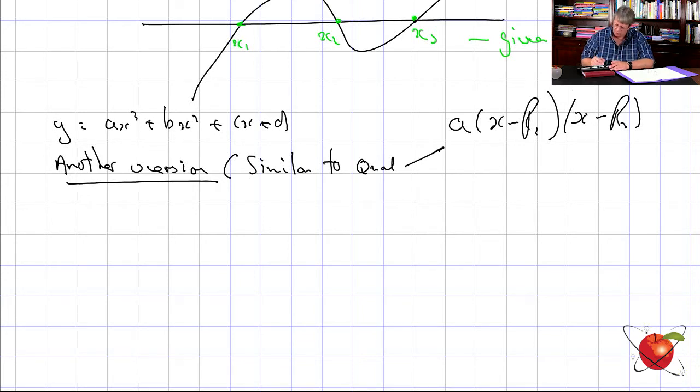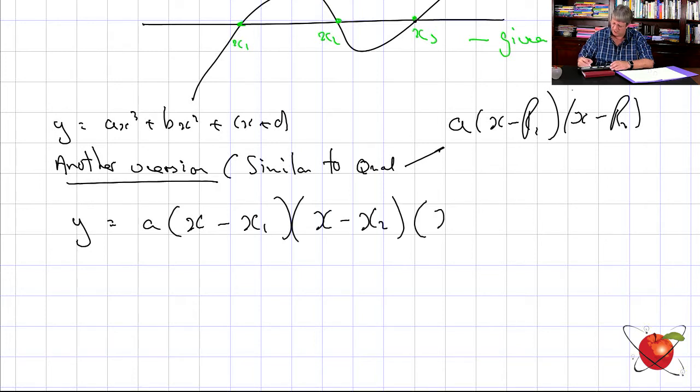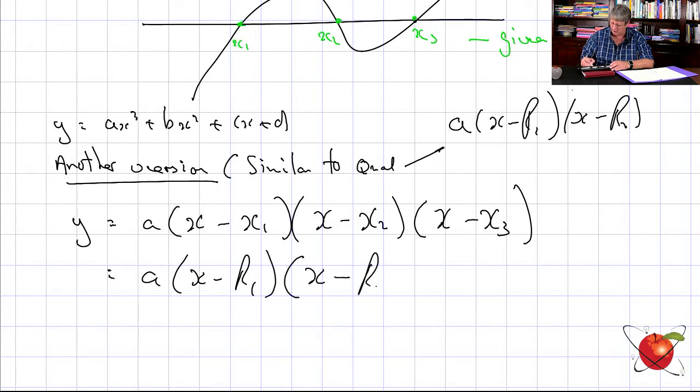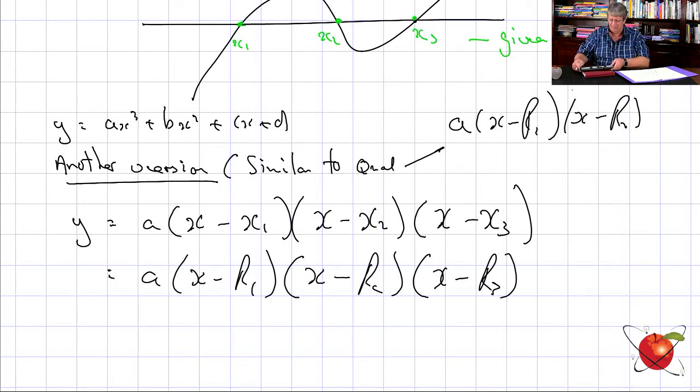We say that y or f of x is a times x minus x1, x minus x2, x minus x3, or if you prefer, a times x minus root 1, x minus root 2, x minus root 3. We can do that, and then we can find out what a is from there.